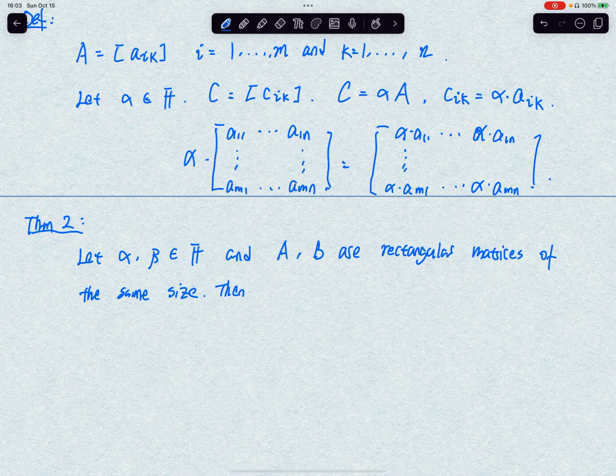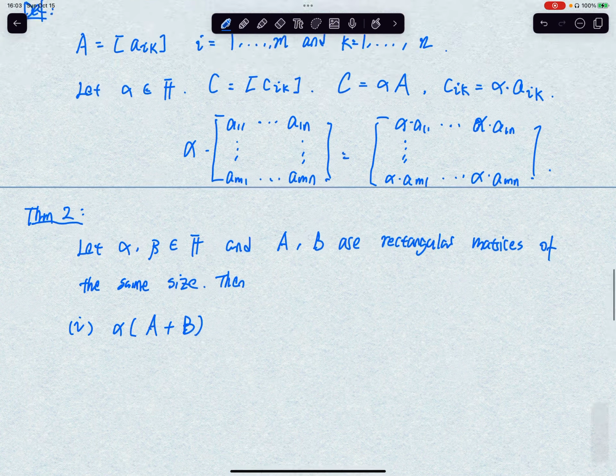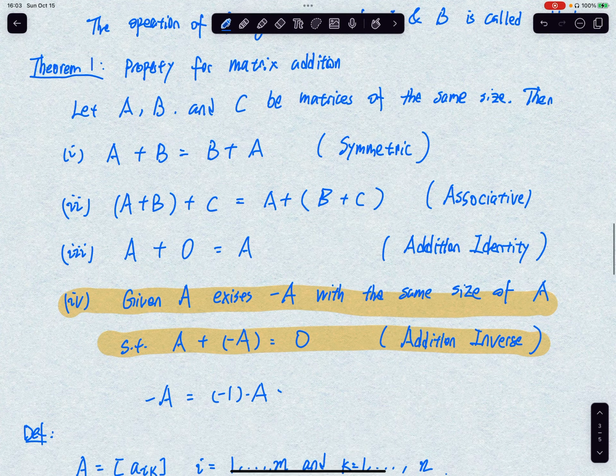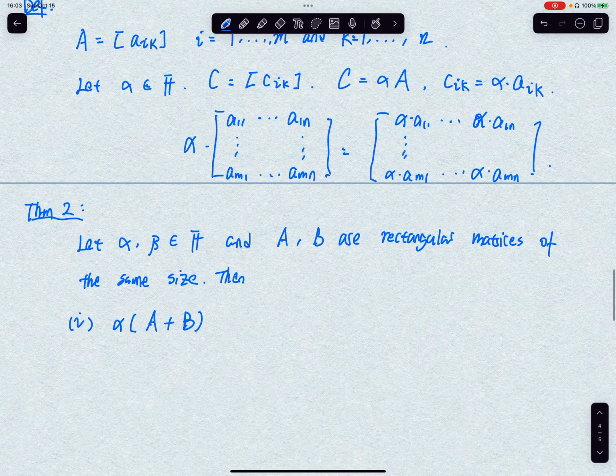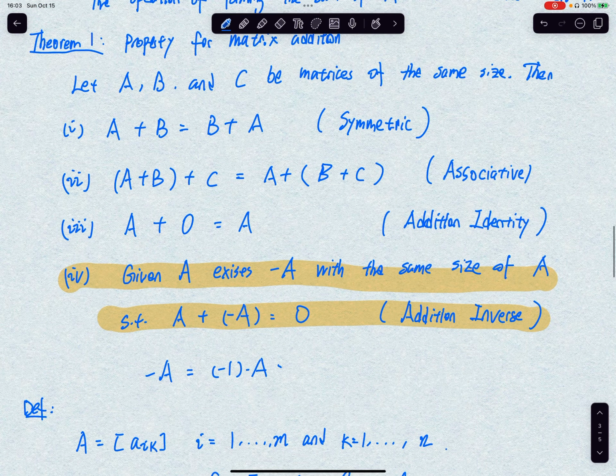Then, firstly, we have alpha of A plus B. Since we are also considering the addition, we shall continue our counting from the last theorem.